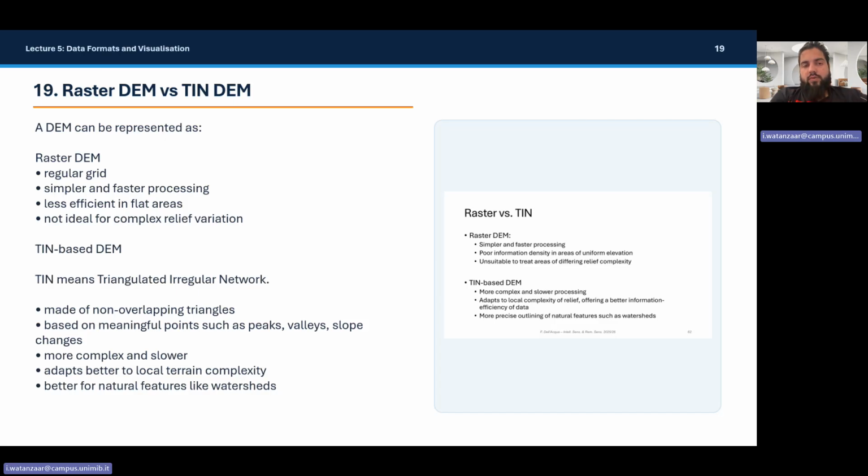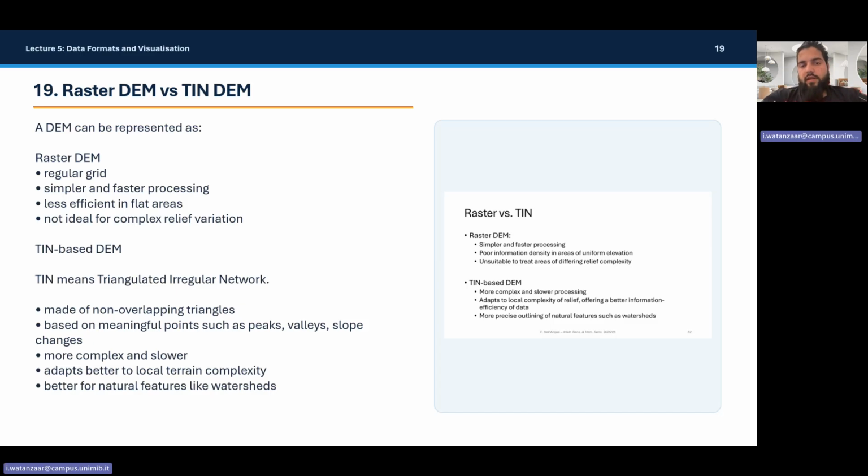So these are some of the advantages and disadvantages, or definition, of the raster DEM, which is in the form of the regular grid. It's good for fast processing and simpler, but less efficient in the flat areas. So raster digital elevation will not work much better, and it's also not ideal for complex relief variation.